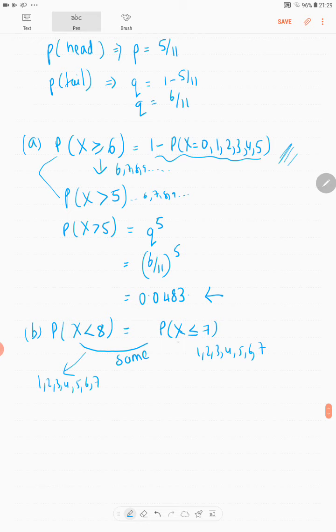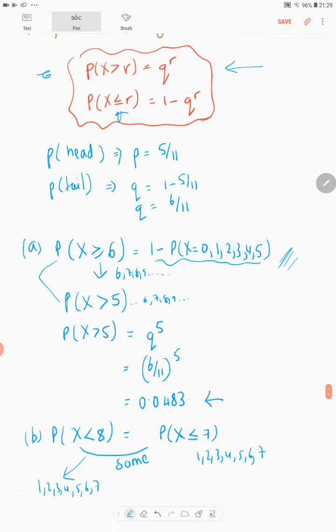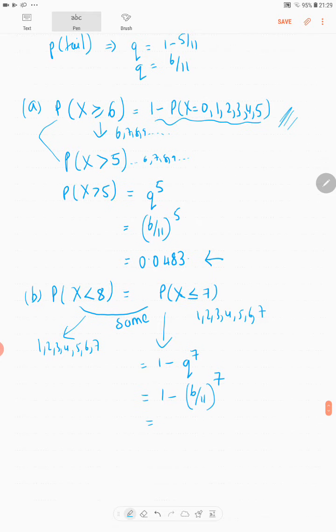So if we have to calculate probability X less or equal to 7, it is this result. It is 1 minus q power r. So here this probability is 1 minus q power 7. Here r is 7. So we have 1 minus 6 over 11 power 7. So we obtain 0.986.